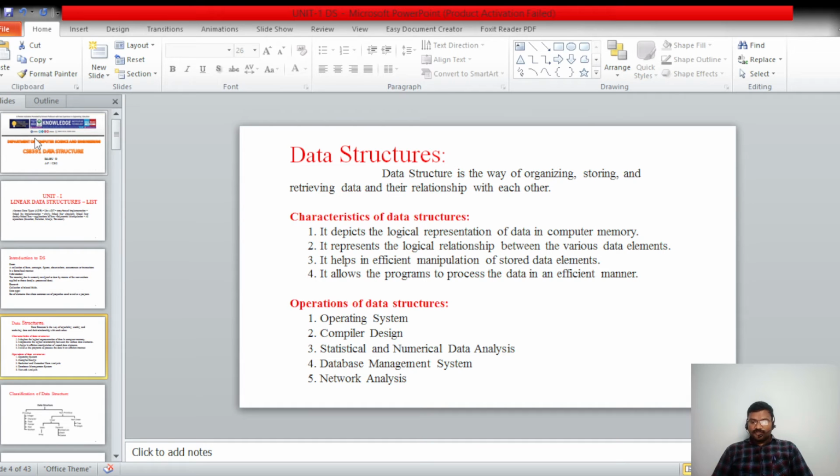Some of the applications of data structures are operating systems, compiler design, statistical and numerical data analysis, database management systems, and network analysis.